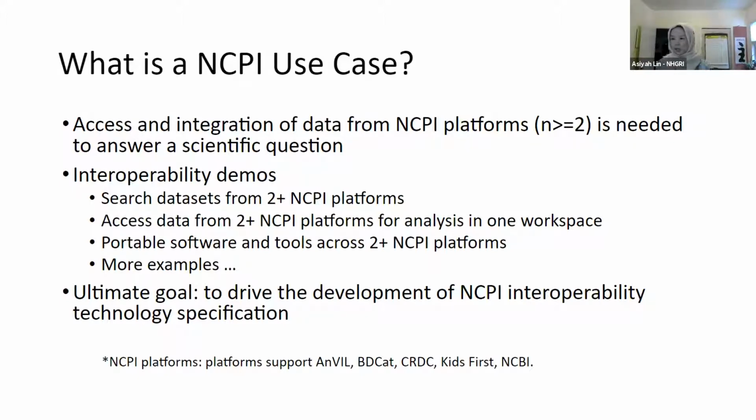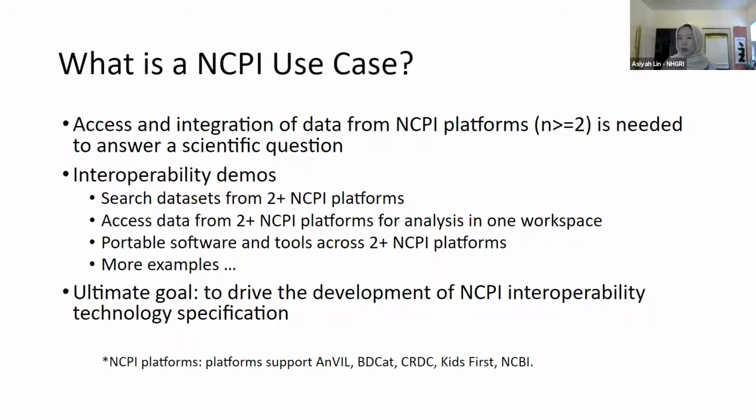interoperability. For example, be able to search data sets from 2 or more NCPI platforms, or access data from at least 2 NCPI platforms to analyze in one workspace, or establish portable software and tools across at least 2 NCPI platforms. And there are more examples showing NCPI use cases.